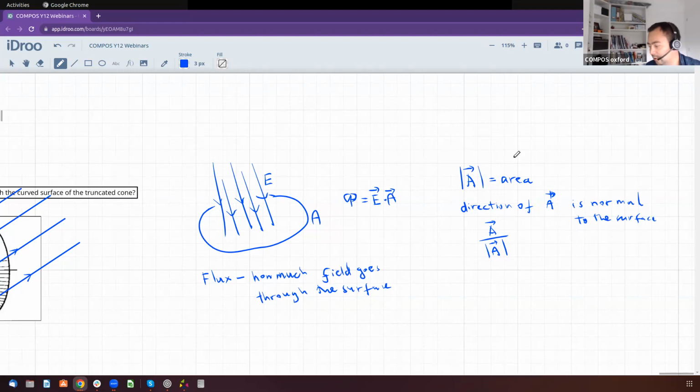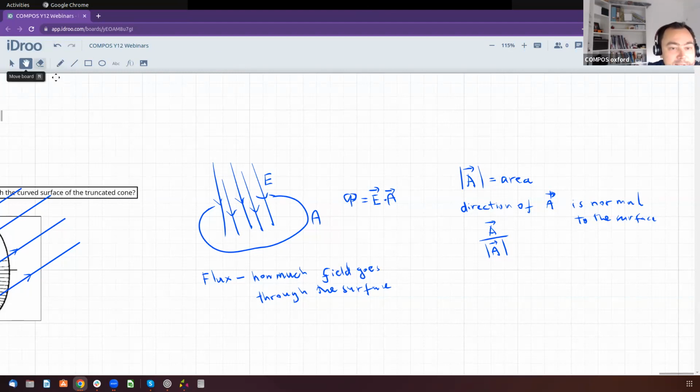Just like usually in physics, you have a choice of direction, and it depends on how you look at it, right?